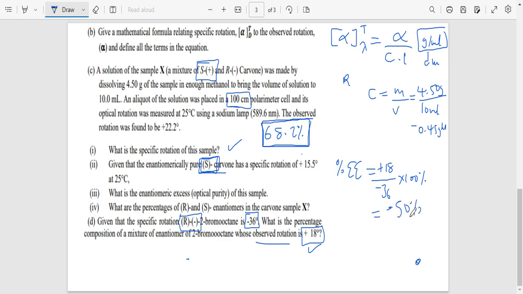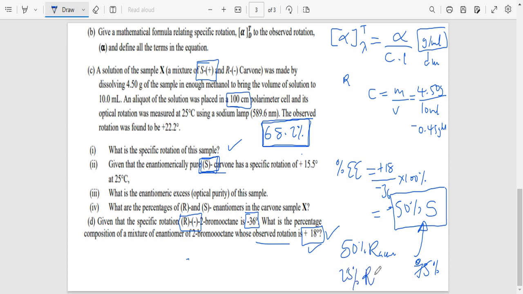Now, what this means is that, remember, this is negative, meaning it is of the S. So 50% S, pure S. And then if I remove from 100, the other 50 that has remained is now going to be the racemic form. Meaning this other 50, I'm going to have 25% being S and 25% being R. Meaning that the total S in this mixture is going to be 75%, and then 25% is now going to be the R.